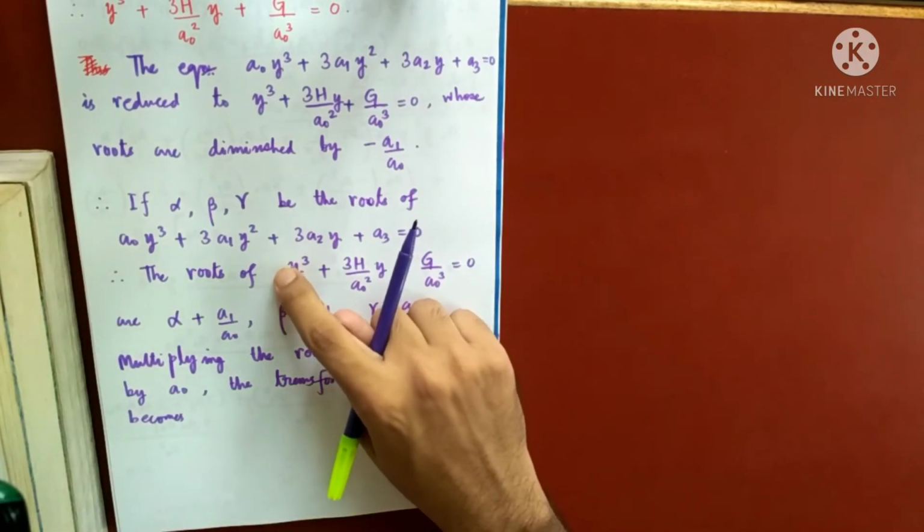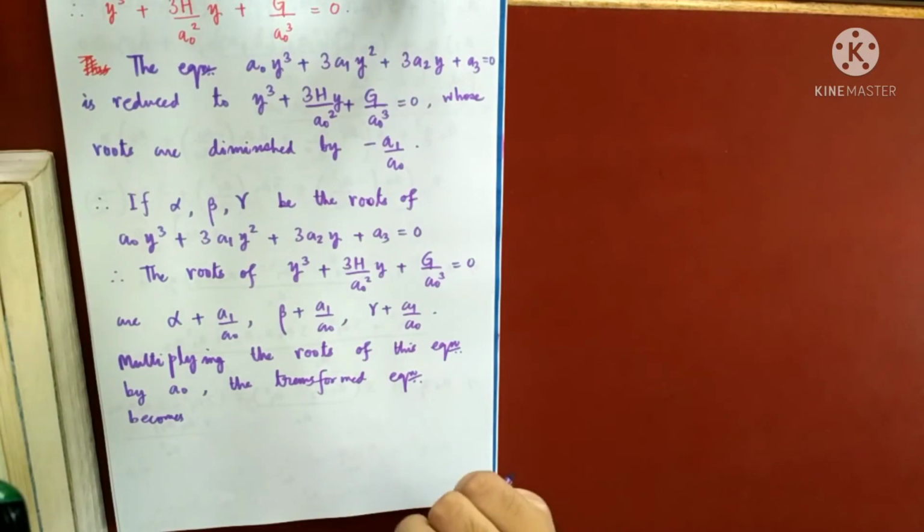The first coefficient gets multiplied by 1.